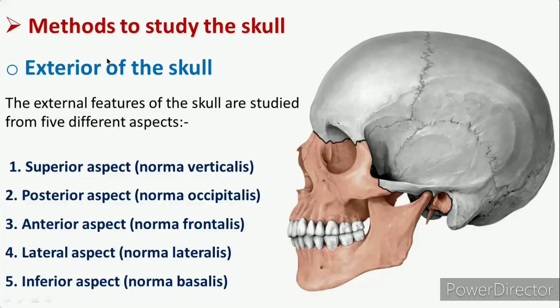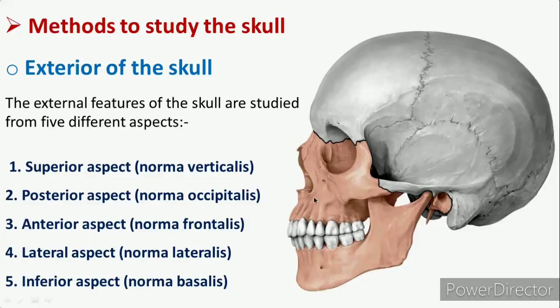Now, how to study the skull? First of all, we will see the exterior of the skull. In the exterior, we can study the skull from the superior aspect, which we call norma verticalis. When we see from the posterior aspect of the skull, it is called the norma occipitalis.